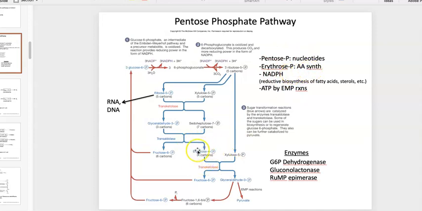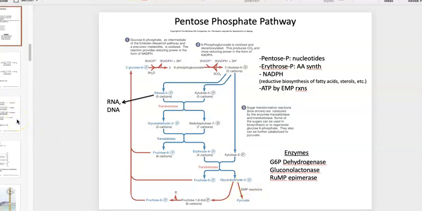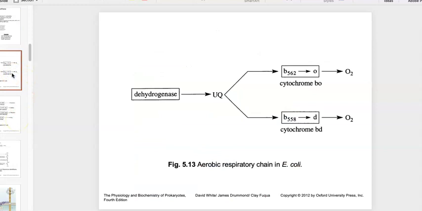This guy here, and you're getting this NADPH, this form of reducing power that's necessary for reductive biosynthesis of fatty acids, sterols. So again, it's used for biosynthesis. And then there's a bit of ATP that's formed here in these reactions. So it's a very versatile type of pathway.